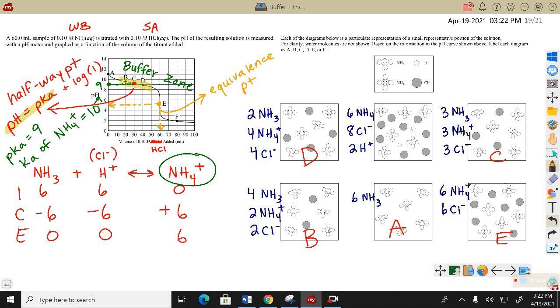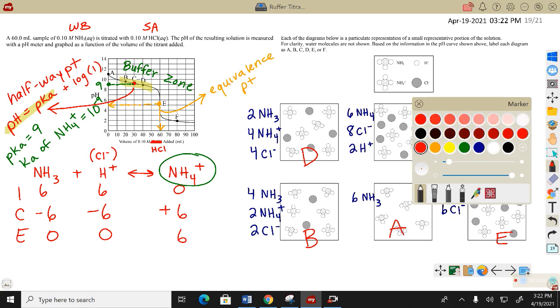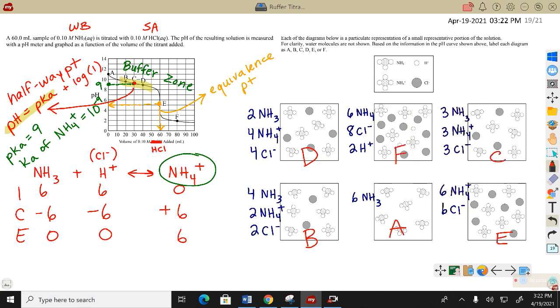Awesome. And then finally, I'm hoping that we labeled point F. That's all that's left, right? That process of elimination. Hopefully point F is when we've gone beyond the equivalence point. So at this point, it looks like there's 8 chlorine, which meant that initially there would have also been 8 hydrogen.